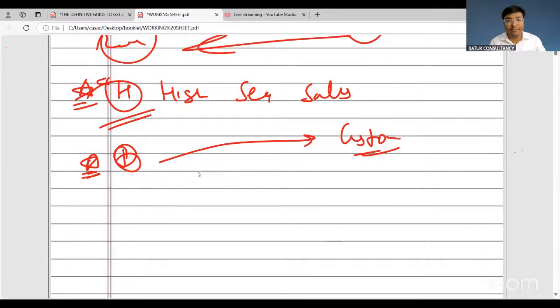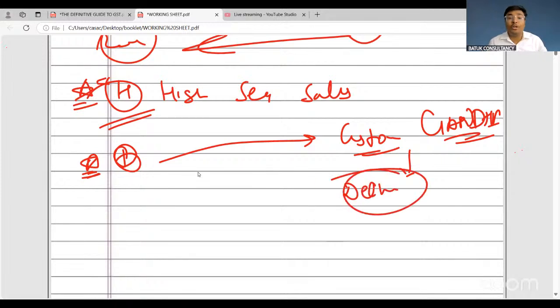Suppose the goods have been received at the custom bonded warehouse situated at Gandhidham, Kutch. That goods is stored there, and if they shift the goods from one custom bonded warehouse to another custom bonded warehouse, say Delhi custom bonded warehouse, the movement is without domestic clearance.